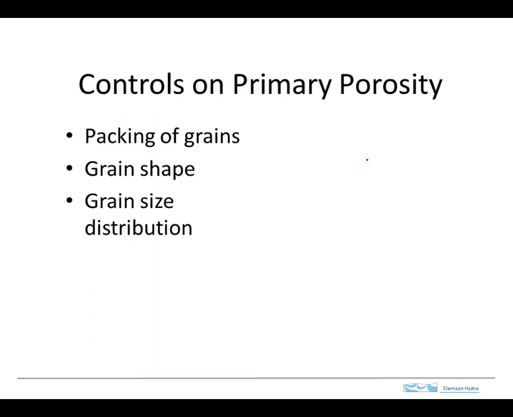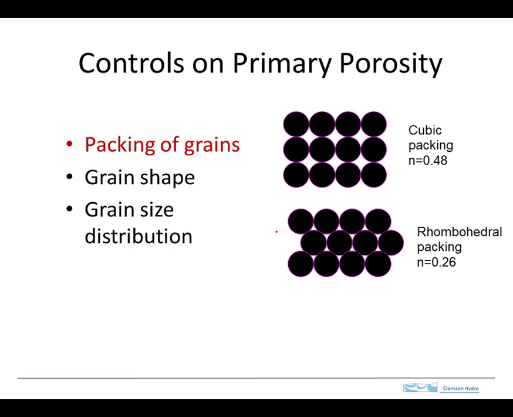Okay, so some controls on the magnitude of the primary porosity: how the grains are arranged relative to one another, their packing, their shape, and their size distribution. So the packing of grains, this is the relative arrangement of the grains, and we can see some end members.